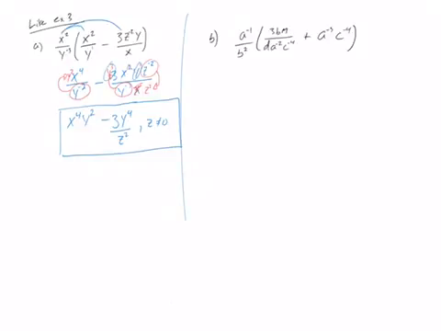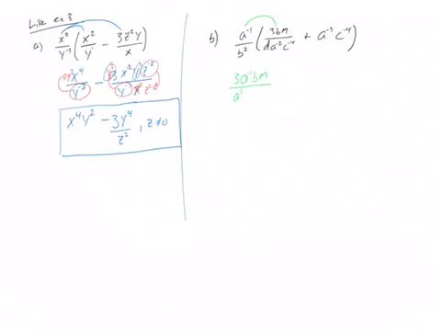Alright, let's try this next one. This one times this one. This is going to give me a to the negative 1, there's a 3, b m, and then I'm just writing these in alphabetical order.